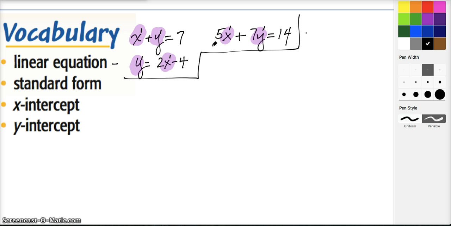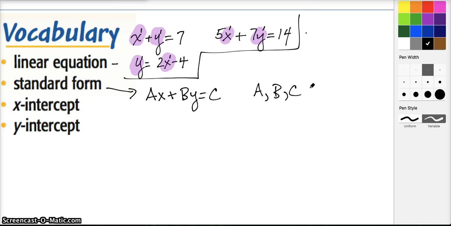A linear equation in standard form would be an equation that's in the form ax plus by equals c, where a, b, and c all refer to numbers that are elements of the integers.